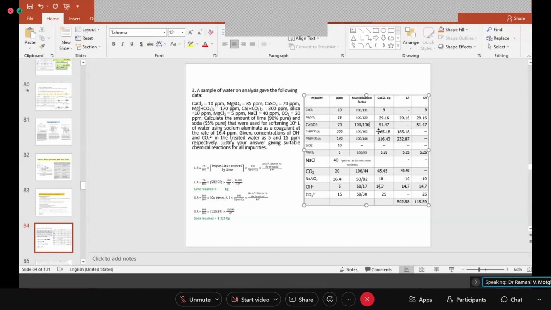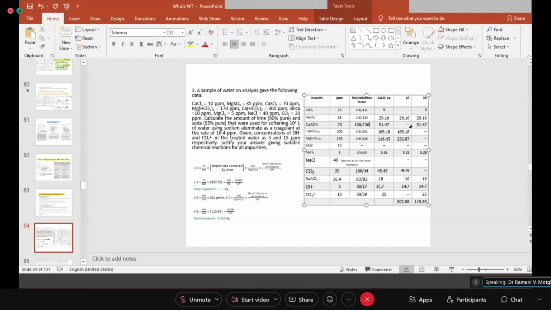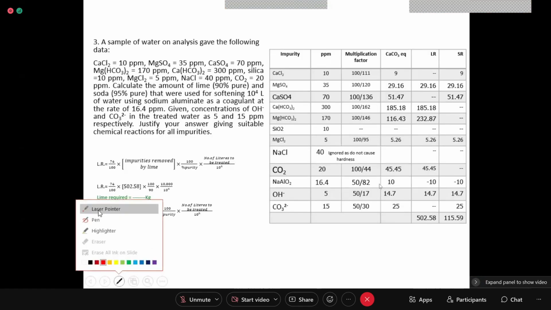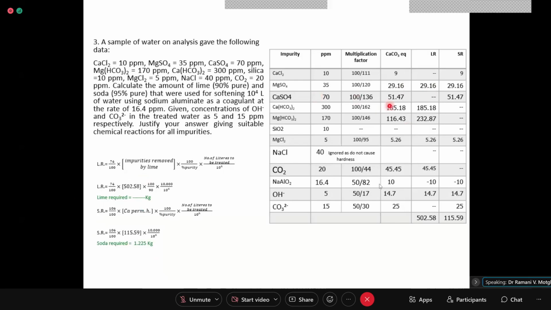So equivalents, I don't know how much it comes out. Just check whether it is 51.47. That is why I keep doing the number of corrections time to time. Oh, it is 51.4. Correct.